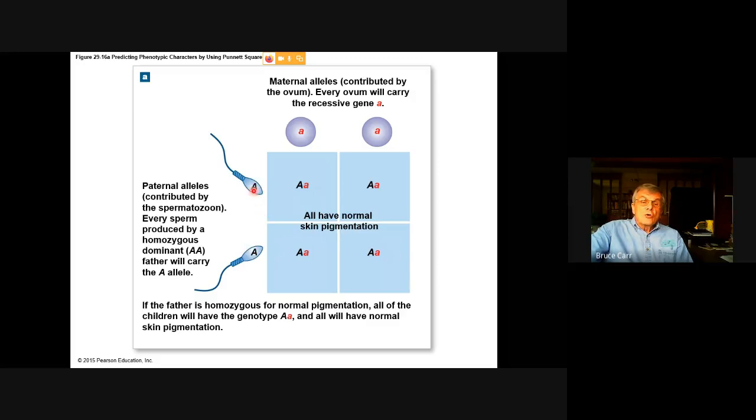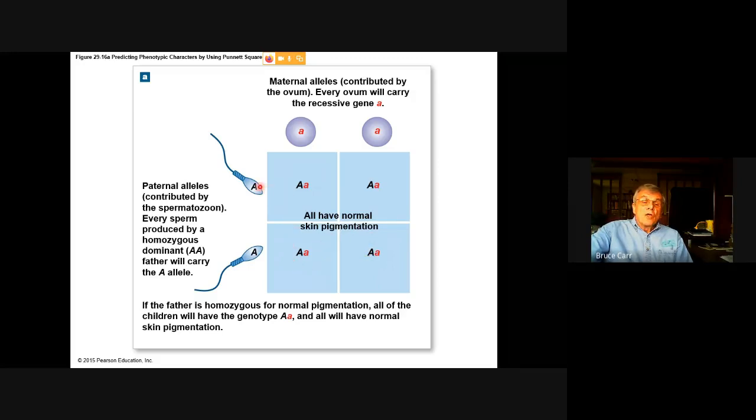So if you get the chromosome from dad's mother, you get the big A. If you get the chromosome from dad's father, you get the big A. But you can see then if you do each fertilization, each genotype is big A, little a. So all of these offspring are going to show the normal skin pigmentation.